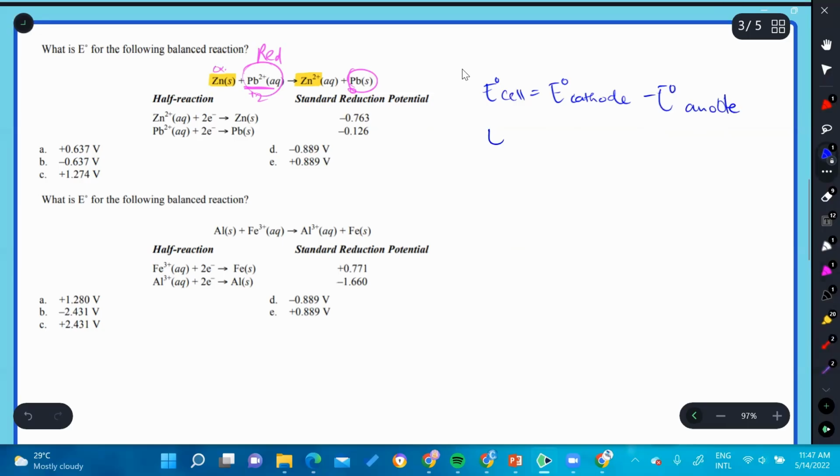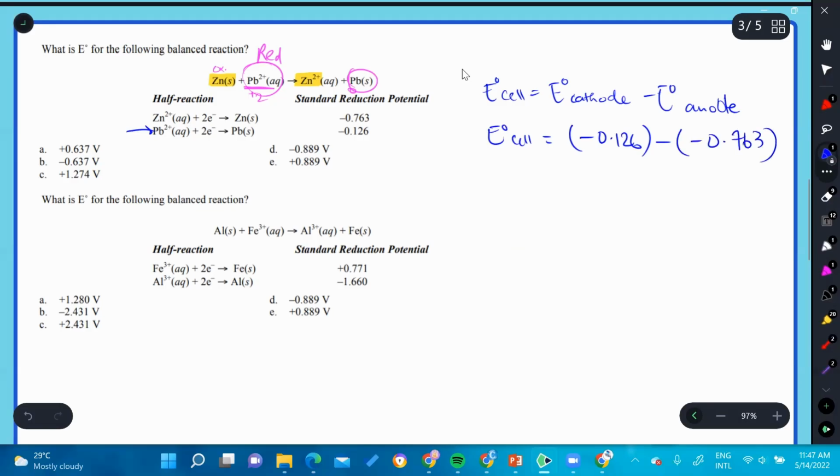And so the E naught of this cell would be equal to, the cathode is where reduction occurs. So the Pb2 plus equation is what we're using first. So that's minus 0.126 minus the anode, the other one, so minus 0.763.